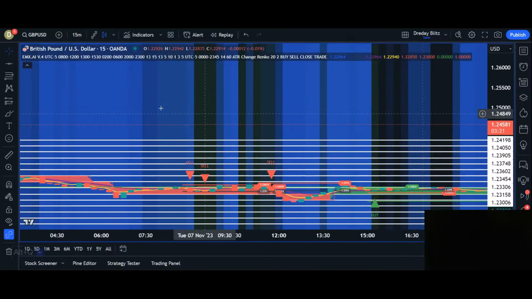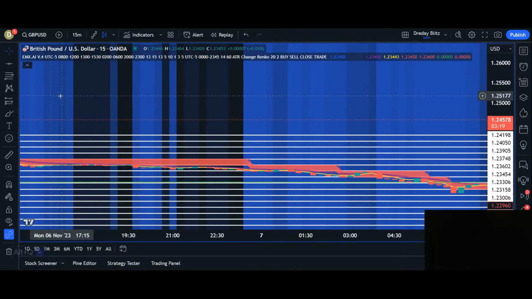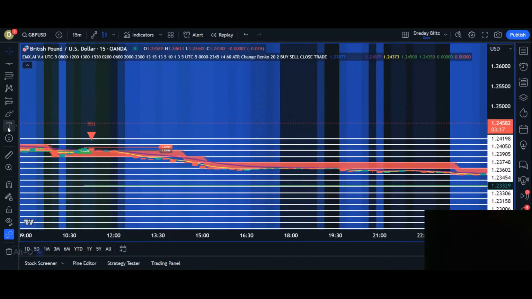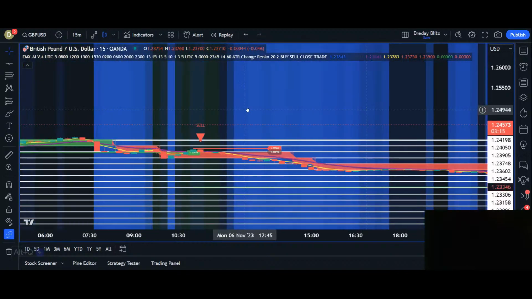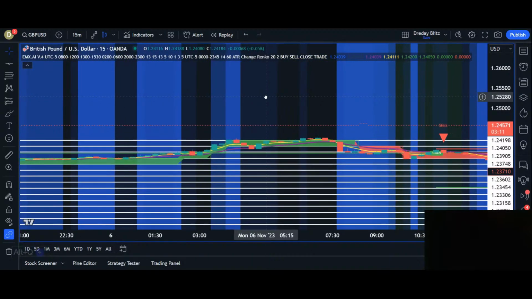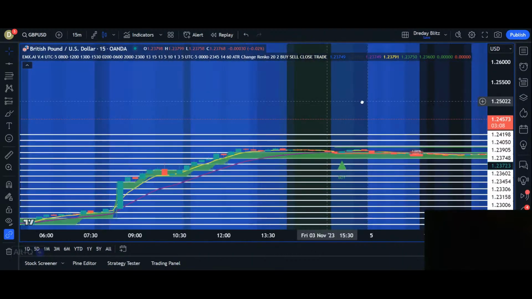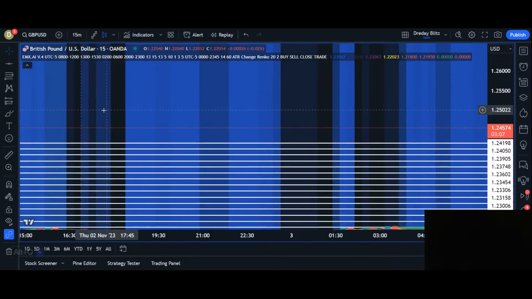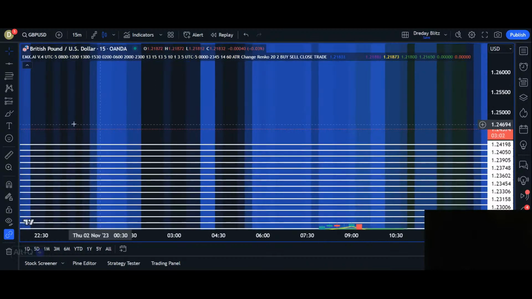So let's look at previous price discovery to see if we have any other Renko bars that we're able to put lines on.